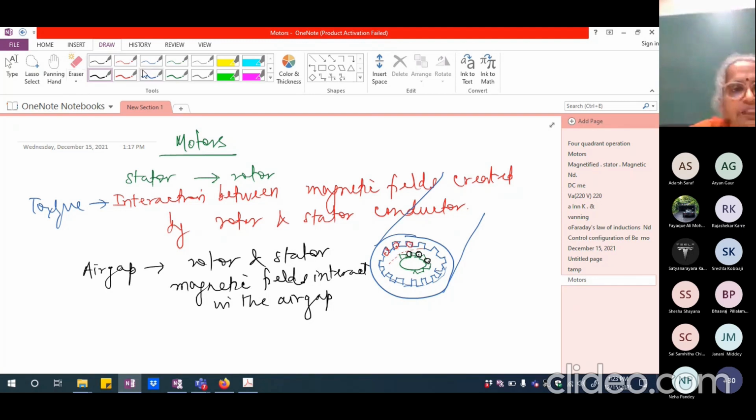Okay. So having said that, if I try to look at what kind of relative permeability we are going to have, for example, for iron. So mu of iron divided by mu naught. If I talk about the relative permeability of iron or steel, generally this will be anywhere between 4,000 to 5,000.